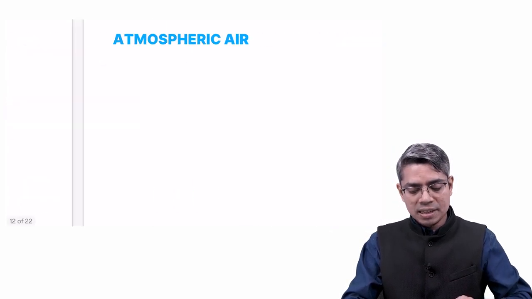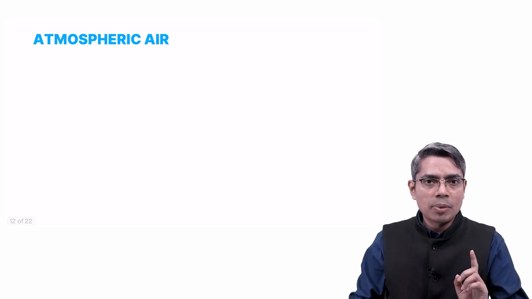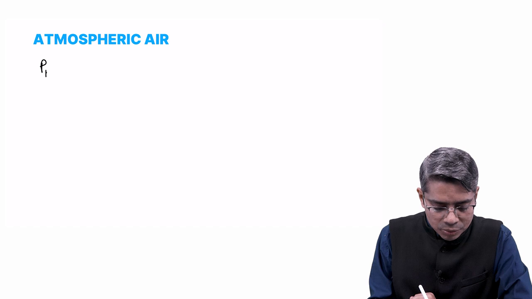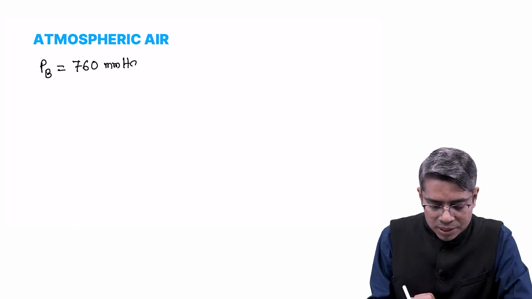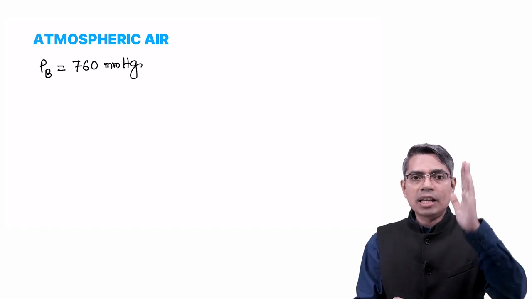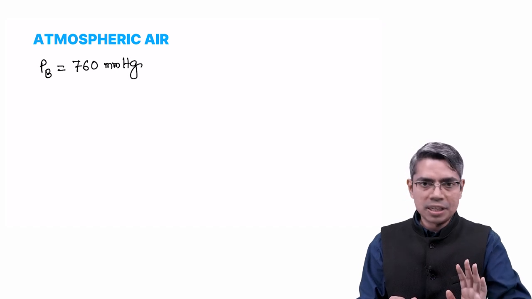So, first you understand the partial pressure of oxygen in the atmospheric air. The atmospheric air at sea level, if I ask you what is the total pressure, or the barometric pressure, we say PB, barometric pressure. We all know that at sea level the barometric pressure is 760 millimeter of mercury, and if you ascend to high altitude, this barometric pressure will decrease.